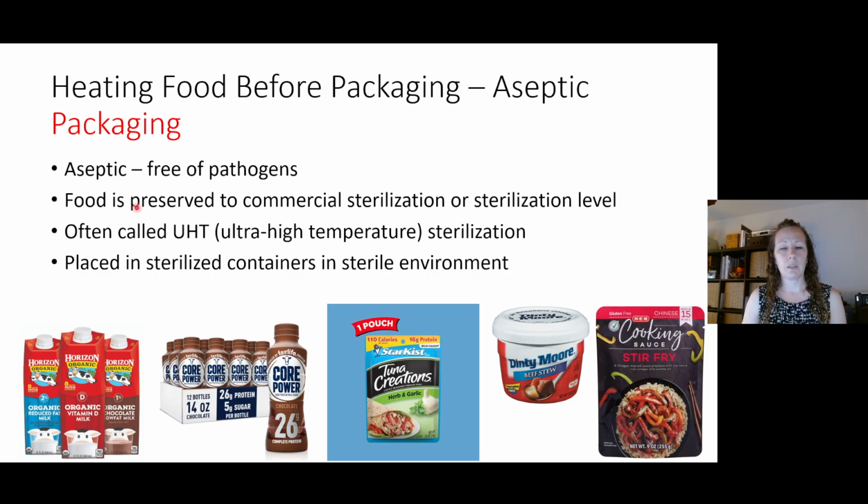Aseptic means free of pathogens, okay? And this food can be preserved to commercial sterilization or even to the full sterilization level using this. So it can be either or. Most often the stuff that you buy at home is going to be commercially sterilized and not fully sterilized.